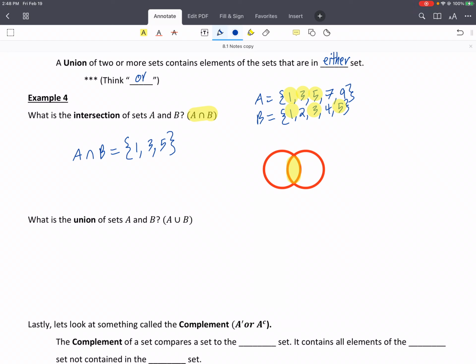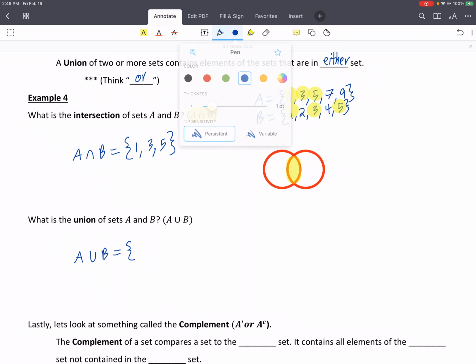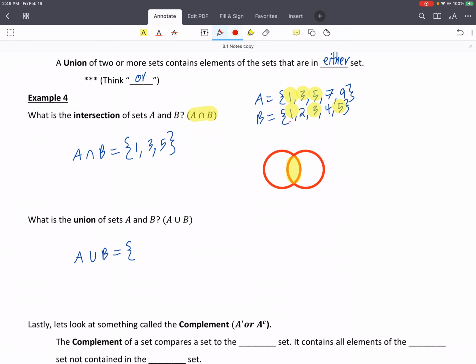So what's the union of A and B, or A union B? We would write that as A U B, or A union B, and that's equal to the set of all numbers that are in either of those sets. So we can write all the numbers that are in A as well as all the numbers in B. We want to write these in numerical order if we can. So we've got 1, 2, 3, 4, 5.